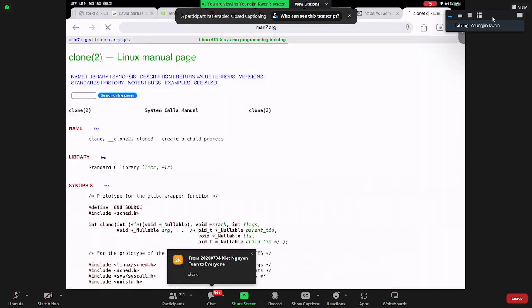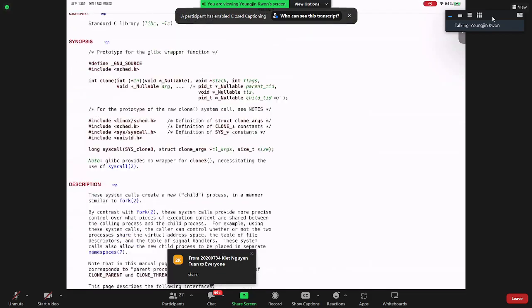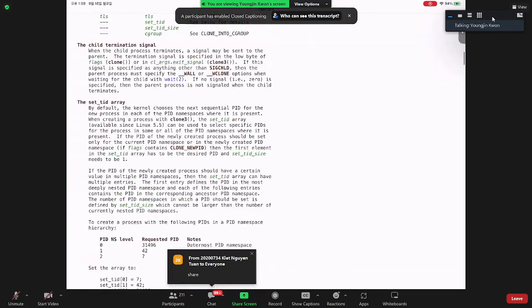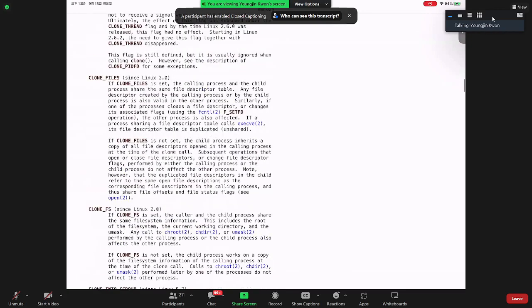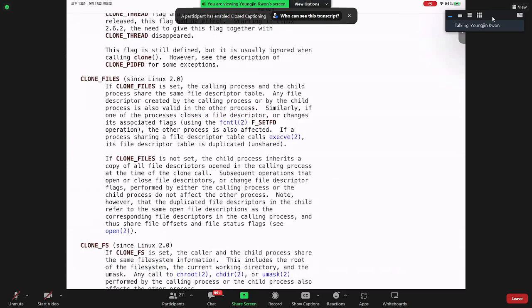But in Linux, there is CLONE_FILES. This is a flag. If CLONE_FILES is set, the calling process and the child process share the same file descriptor table. Now you can decipher this manual message, right? You know the concept of what a file descriptor table is and what sharing and not sharing mean.